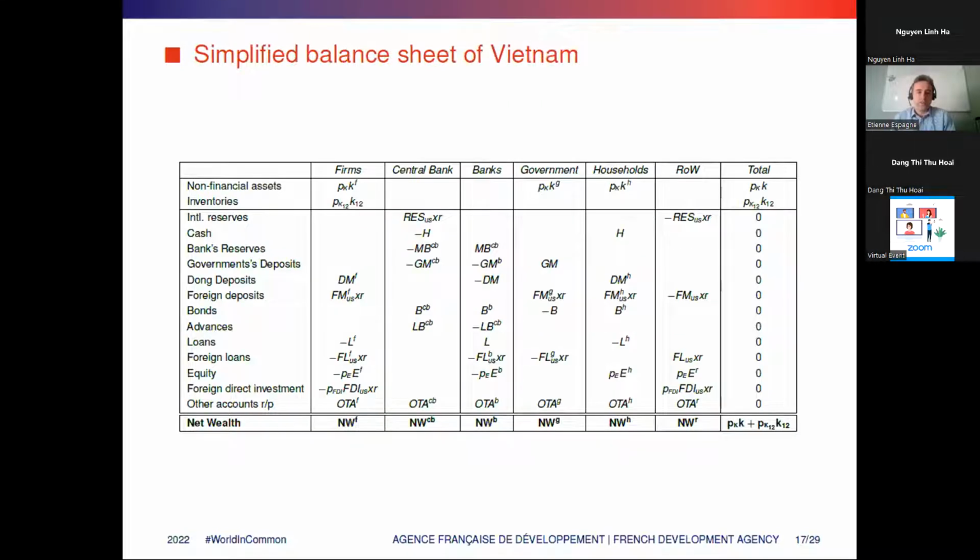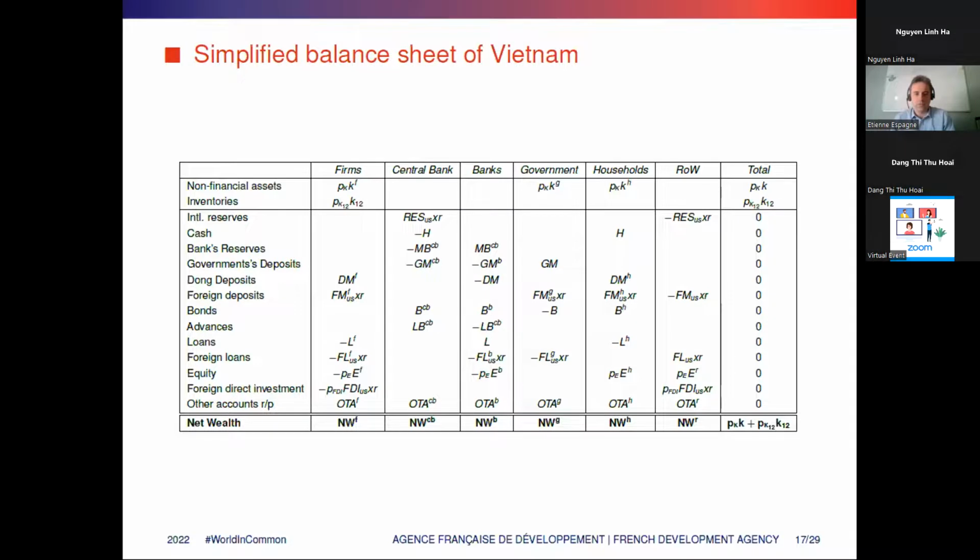So this is the simplified balance sheet of Vietnam that we use. So you see the 5 institutional sectors: firms, central bank, which has been separated from the banking sector, government, households, and the rest of the world. And you see here the balance sheet of each one of those actors.